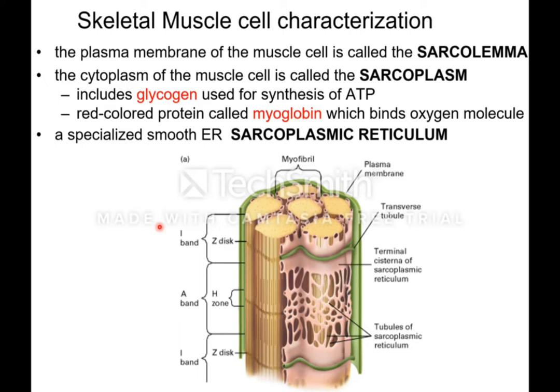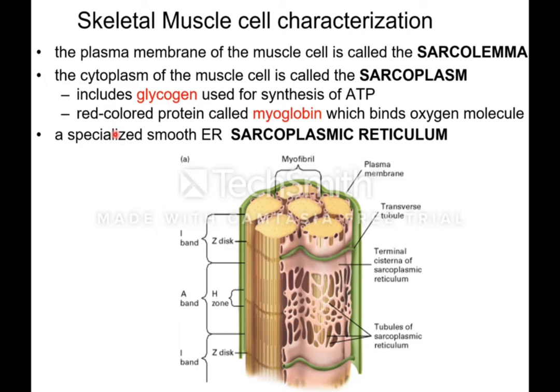Muscle tissue, the same as other tissue, includes the cells and also ECM, but the amount of ECM is small. The characterization of the muscle cell is similar to other cells.